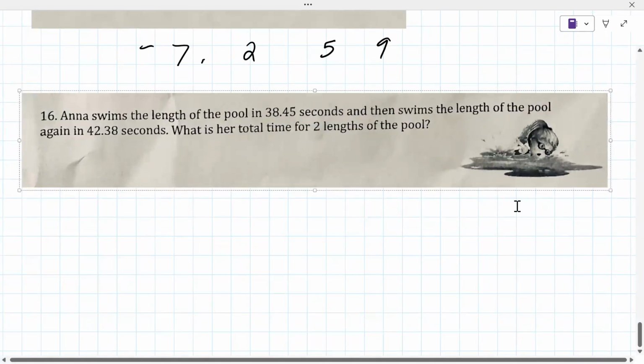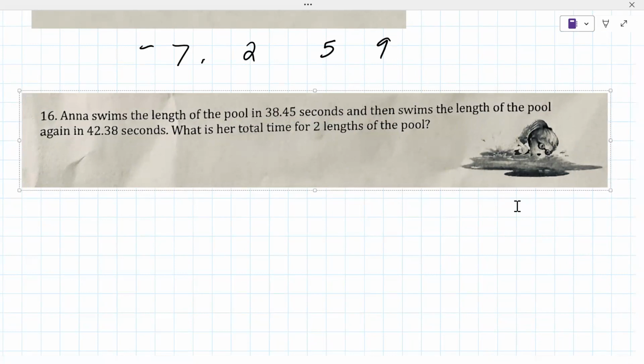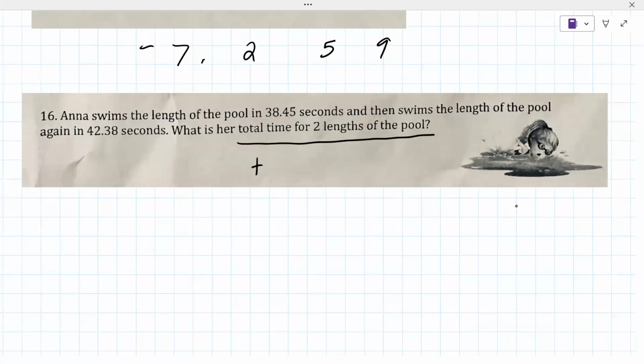Okay, so Anna swims the length of the pool in 38.45 seconds, and then swims the length of the pool again in 42.38 seconds. What is her total time? Does total time mean to add or subtract? Add, right?